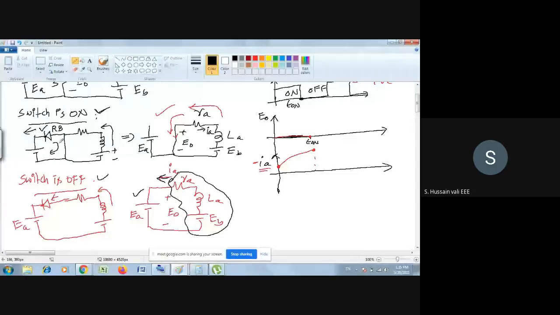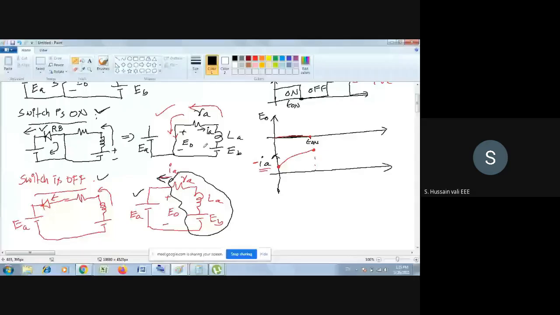Then what is the only direction it has now? It has to take current from the motor to the switch. Am I correct or not? Let me tell you when you operate this chopper. You don't operate the chopper when the machine is running in the motoring mode, that is, you don't operate the second quadrant chopper.